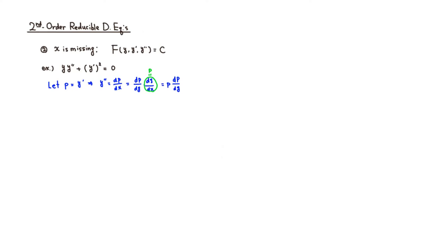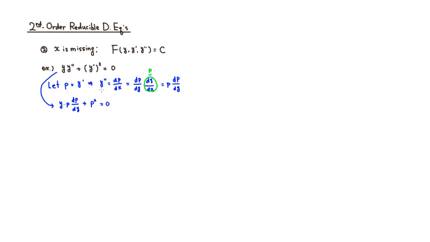So we can write it in terms of a derivative with respect to y. Let's rewrite the equation. Here's the original differential equation: y, we're going to keep as it is. Then y double prime is p times dp over dy, plus y prime, which is p squared, is equal to 0.